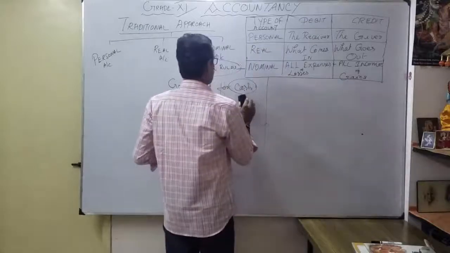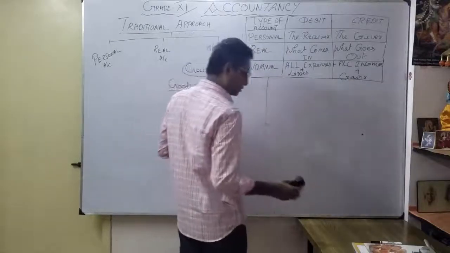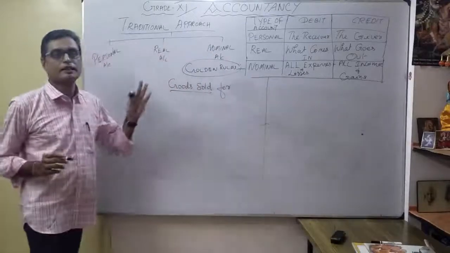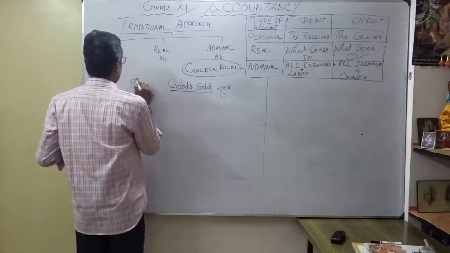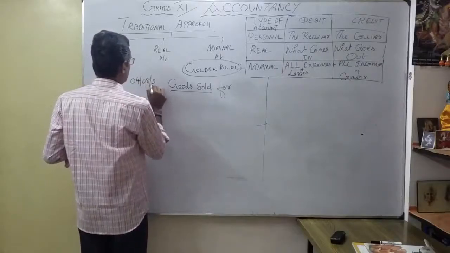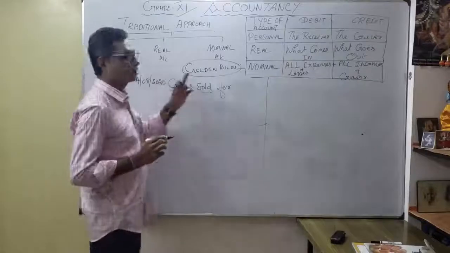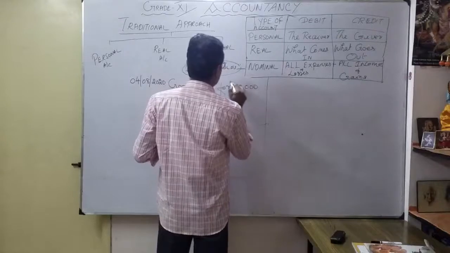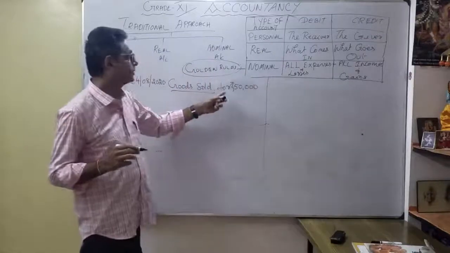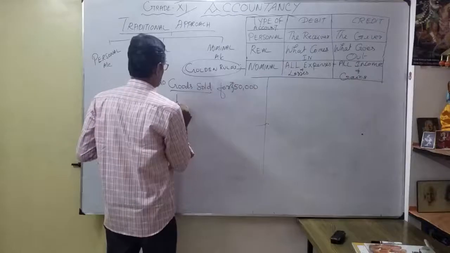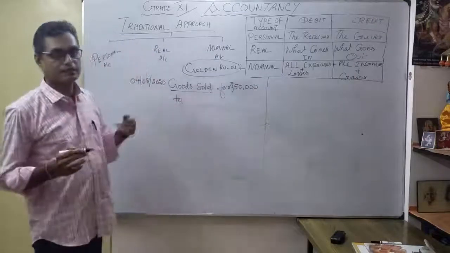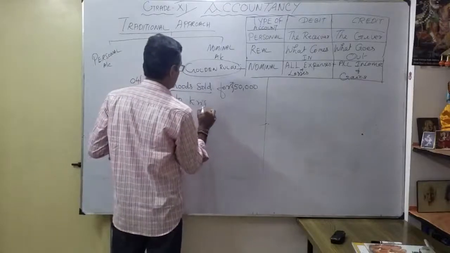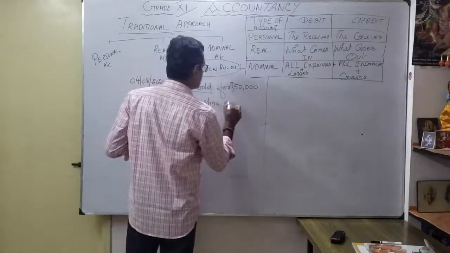Here I am writing one transaction. Goods sold, for example, date is 4th August 2020. Goods sold for 50,000 to a customer, say Krishna, on credit.